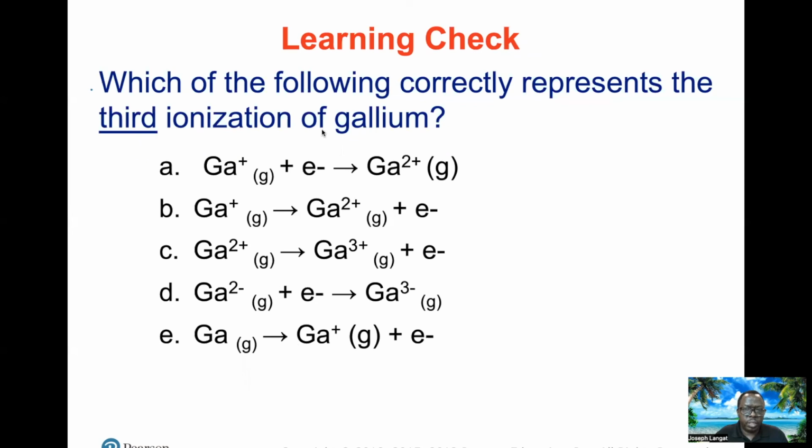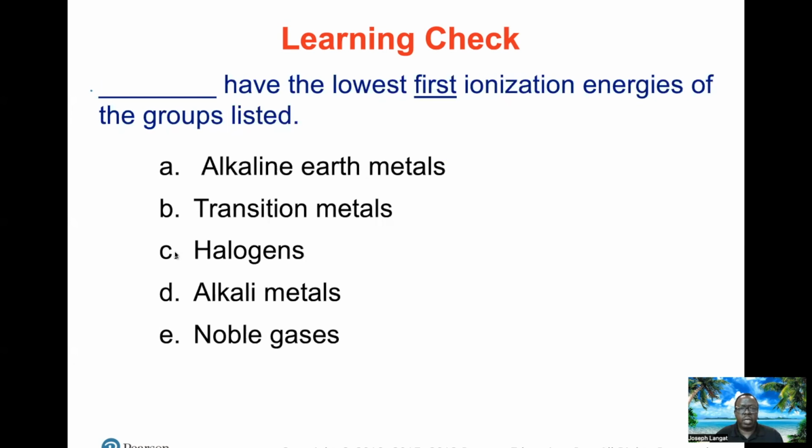This is second ionization. This is first ionization energy. This is electron affinity. Here the correct answer is C, third ionization energy.